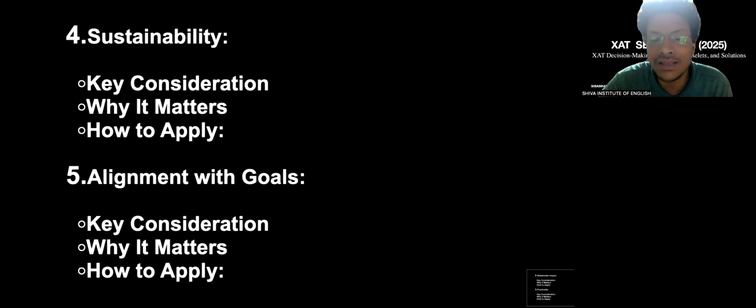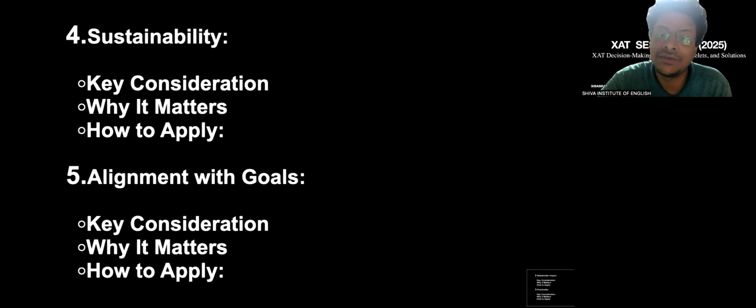Then how to apply that? We need to identify the primary objective of the organization or individual. Second, we need to ensure the solution contributes to the objective without creating additional conflict.